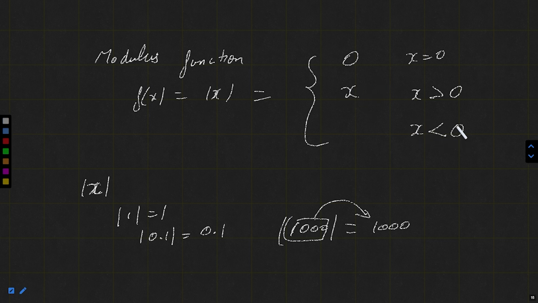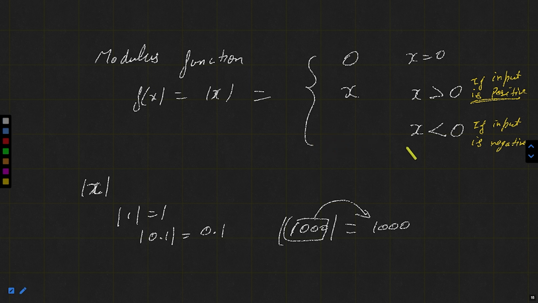If your input is negative, suppose the input is negative, what will we get as our output?